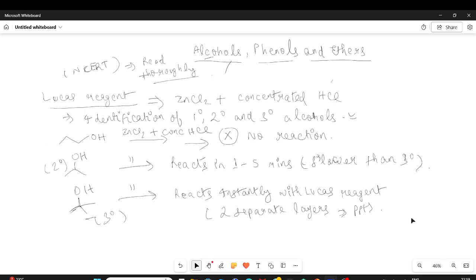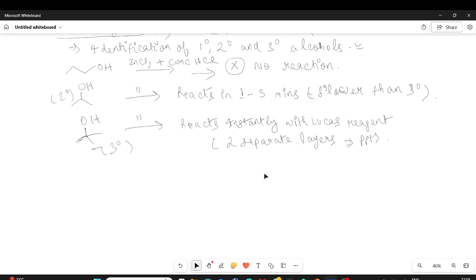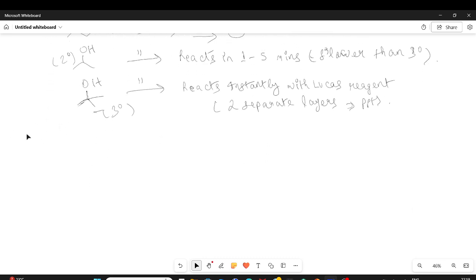Now you may ask me, sir, what is the concept? Why does 3 degree show such an instantaneous reaction with this reagent and why not 1 degree? So there is a basic organic chemistry to it. If you are providing a tertiary alcohol, now you know oxygen has certain lone pairs on it, and you are providing concentrated HCl and zinc chloride.